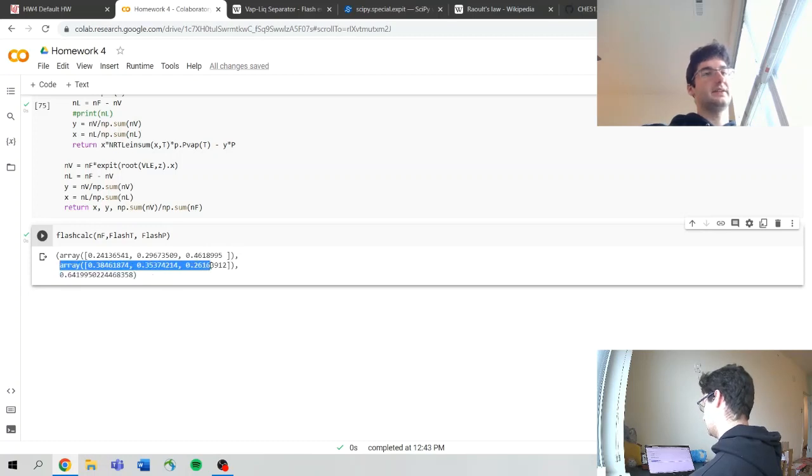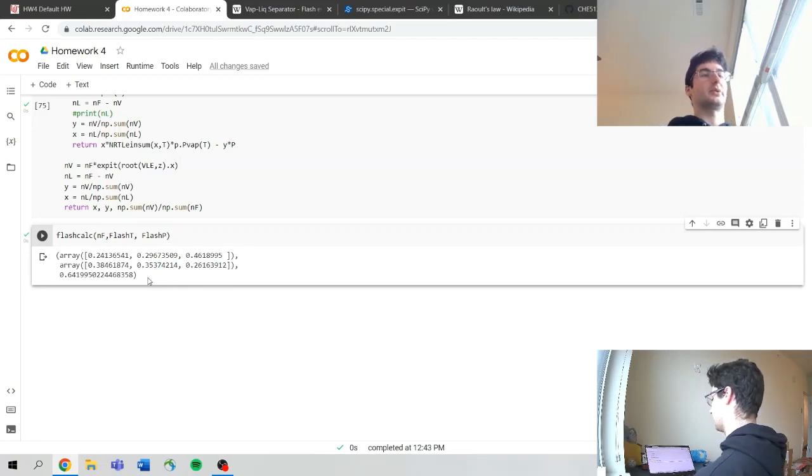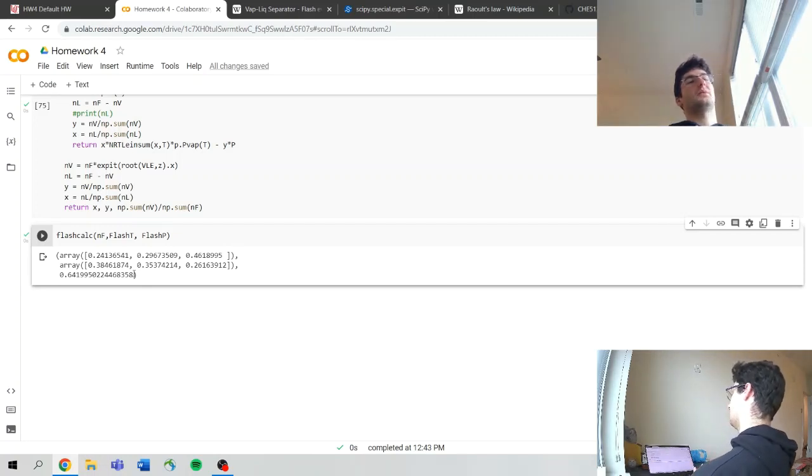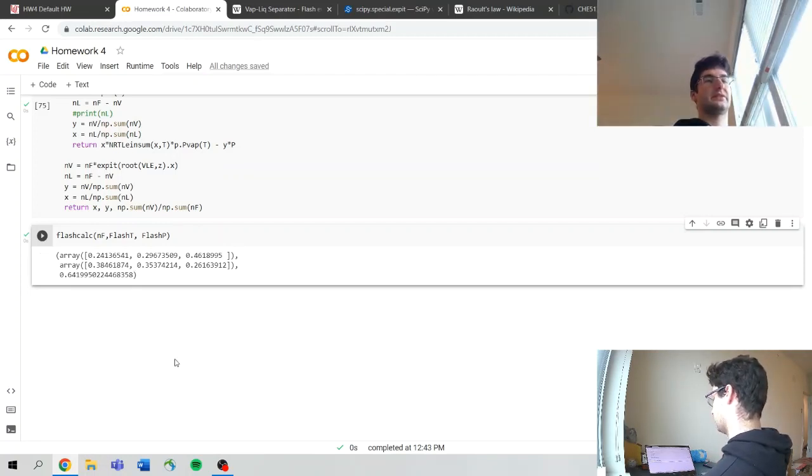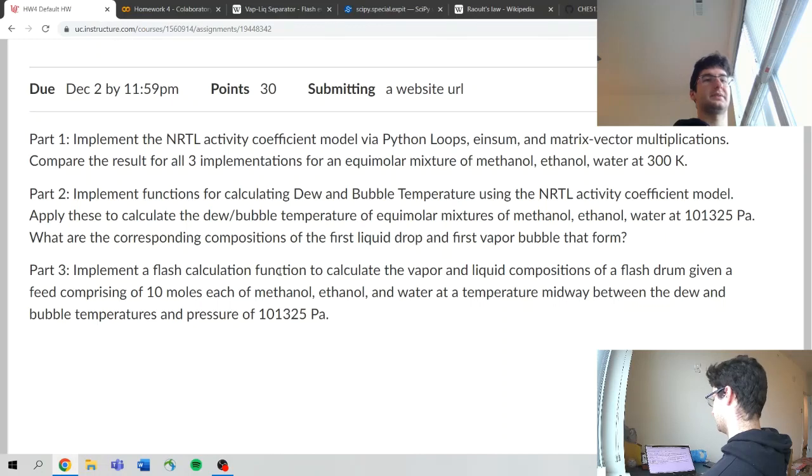Then in the vapor phase, we have a lot of methanol, a lot of ethanol, and still a good chunk of water, about a quarter. And about 64% of it winds up in the vapor phase. So as you can see, by doing this flash drum, we were able to achieve these conditions and make the split happen.